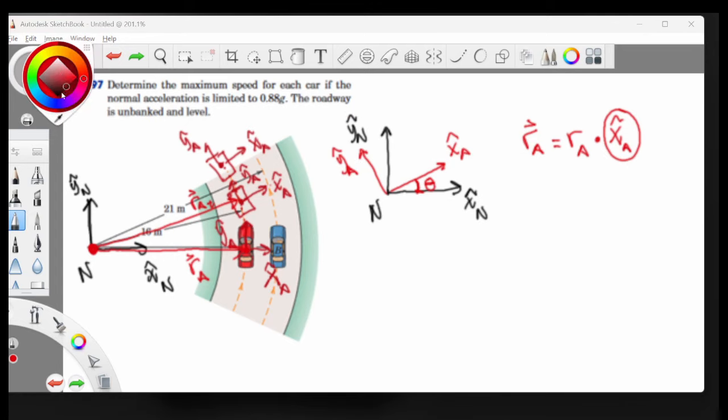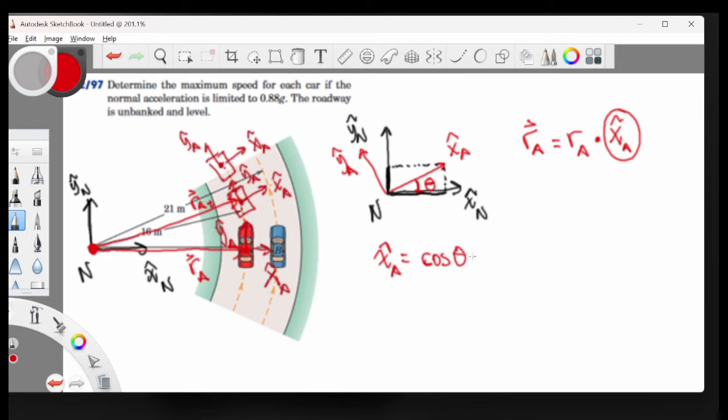We can use some simple trigonometry here and project the horizontal component of xA and the vertical component of xA, so that we compute the component in the direction of xN and in the direction of yN, such that x hat A is equal to, let's start with, cosine theta in the direction of xN plus sine theta in the direction of yN.